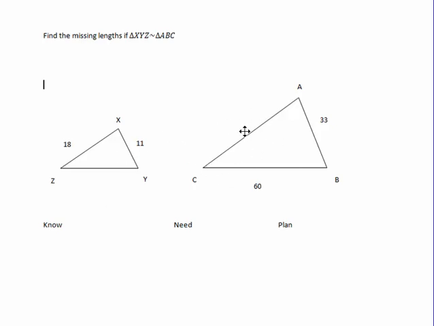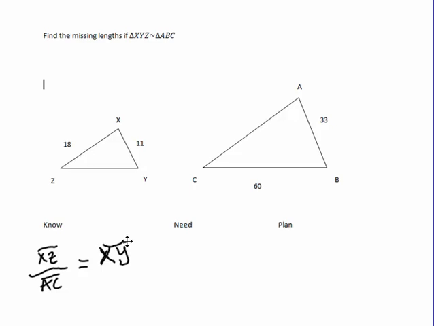We don't know the length of A to C, and we don't know the length of Z to Y. But I know the ratio of XZ, that side length, compared with AC is equivalent to XY over AB, since I already have these two set up.